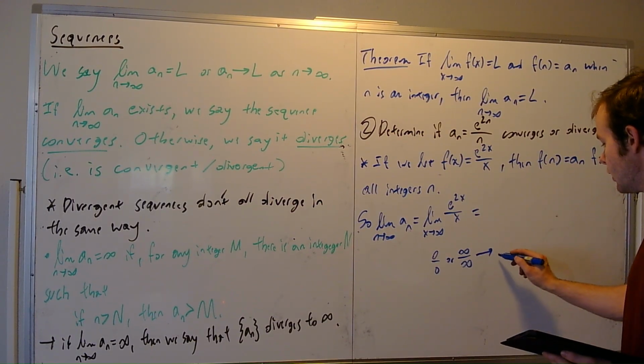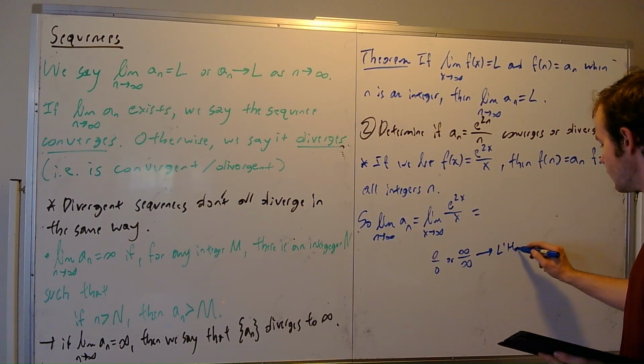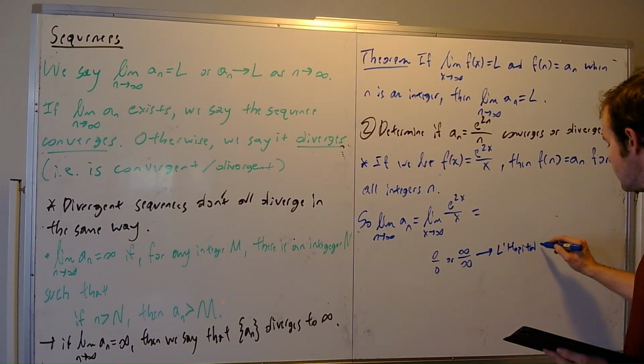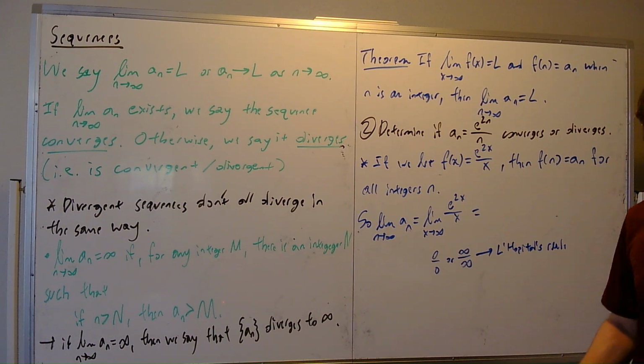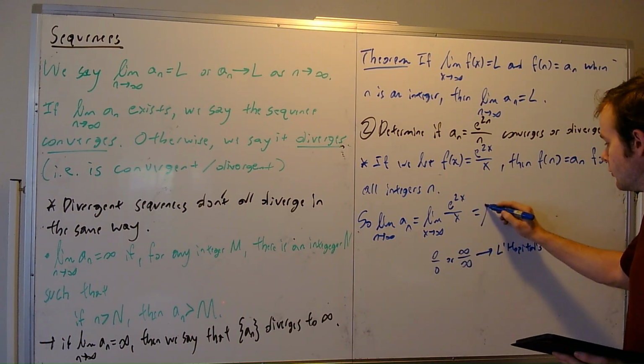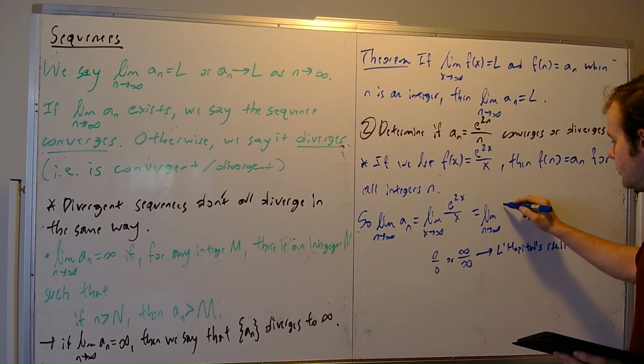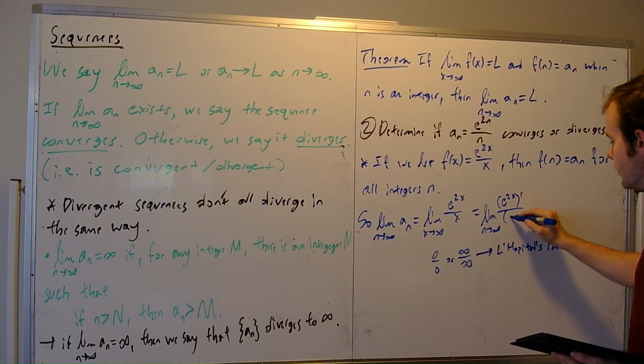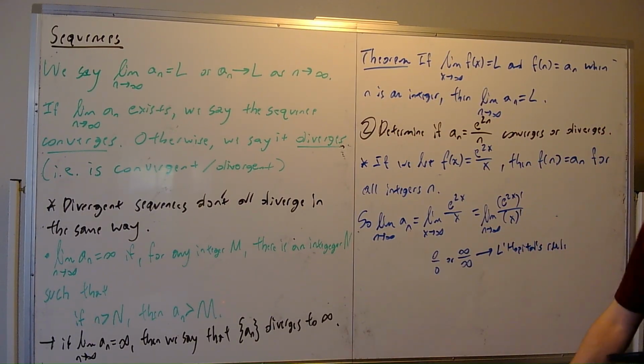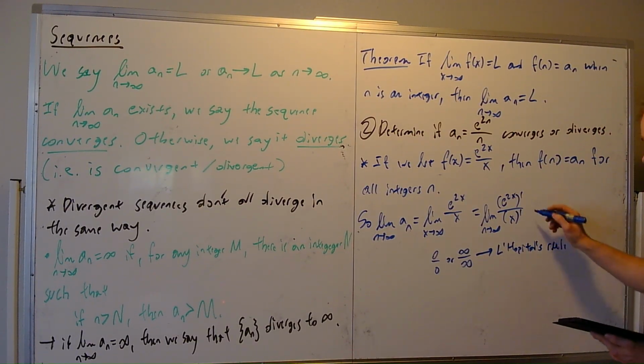So whenever we have that, we can use L'Hopital's rule. Right? And all that rule is saying is this limit is equal to the limit as x goes to infinity of the derivative of e to the 2x over the derivative of x. So now we just got to take our derivatives.